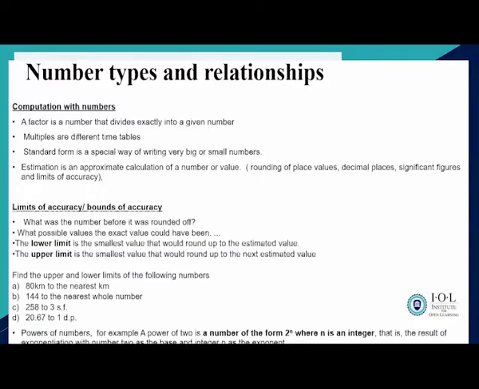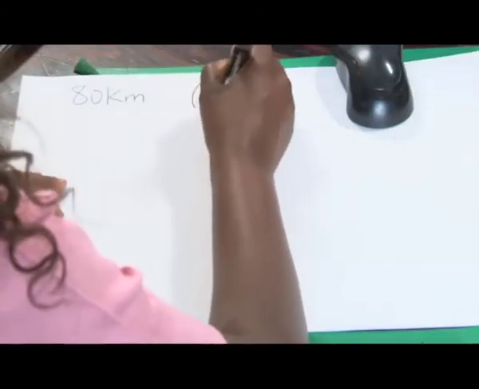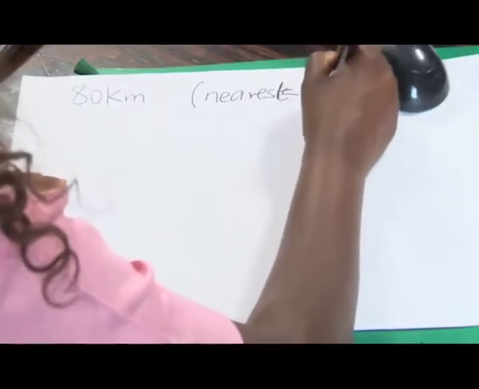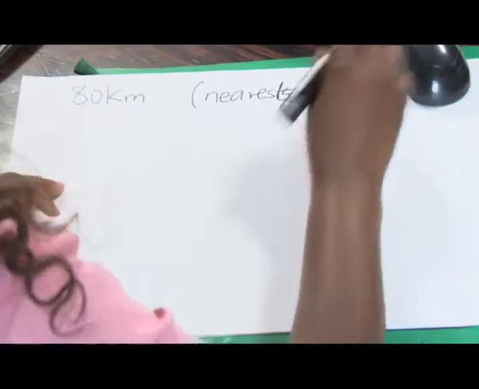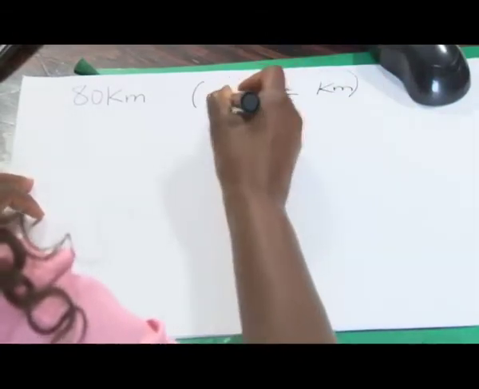And then let's look at the upper and the lower limits of the following numbers. We have 80 kilometers to the nearest kilometer. Now there are those who don't really know how to find the upper and the lower limits. It said 80 kilometers to the nearest kilometer. In most cases it is written like that. Now we usually use this word nearest.